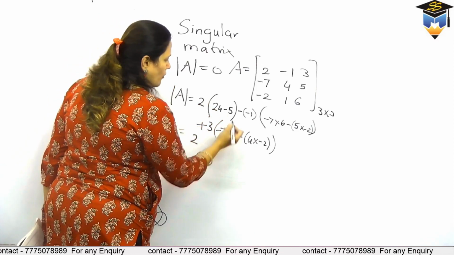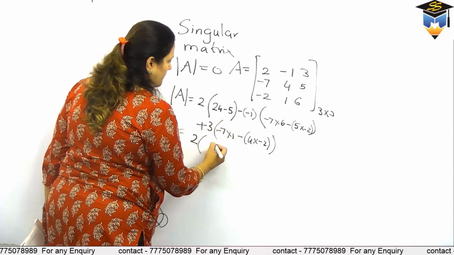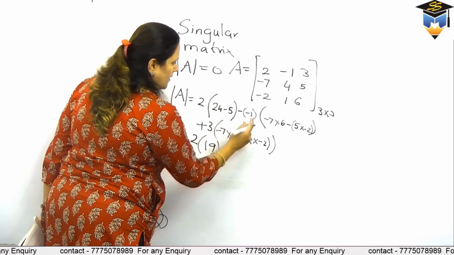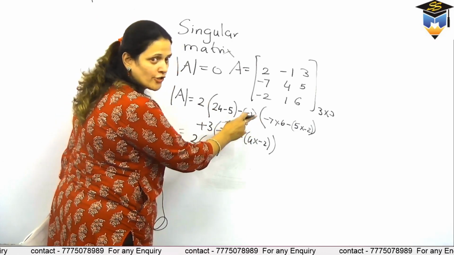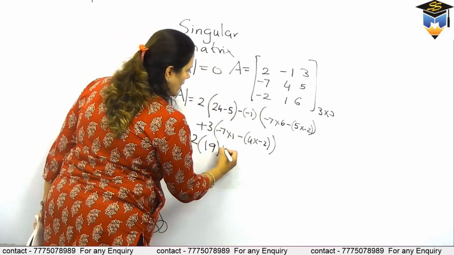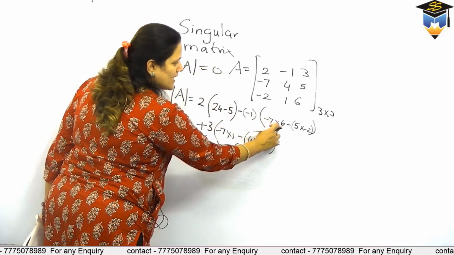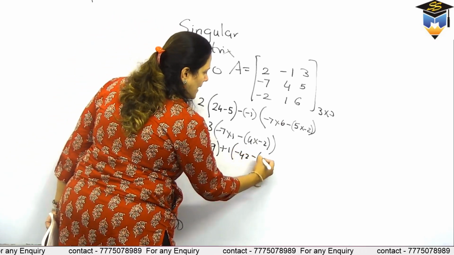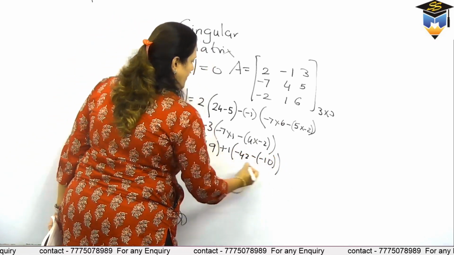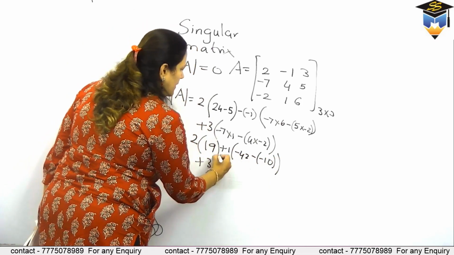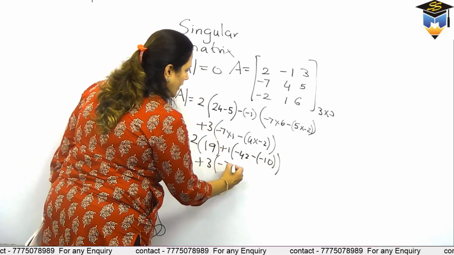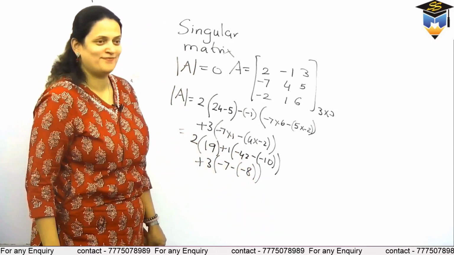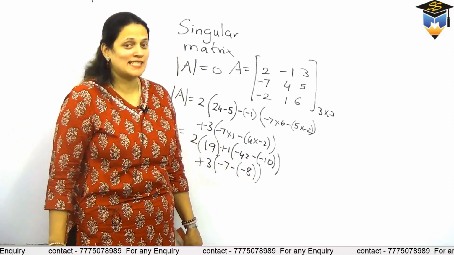So if you can see over here, this is going to be 19. So this minus of minus 1 will be plus 1 into bracket minus 7 into 6. 6 sevens are 42, minus 10, plus 3. Be very, very careful while solving. Do not make any mistakes here.